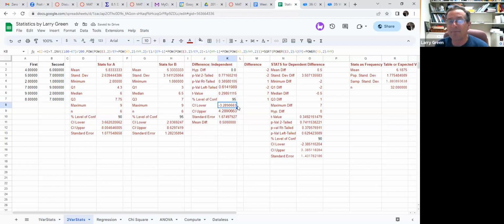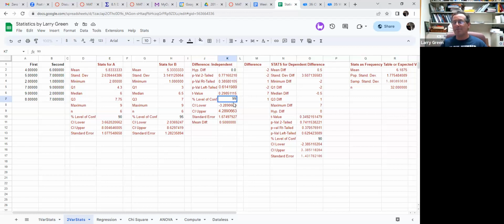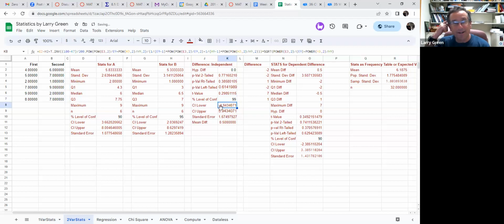You can look very easily at the different confidence levels. By looking at those, you can see which the client will be happiest with. Remember that if you have like 99%, you're happier in that you have a much smaller chance of being wrong. The problem is the margin of error gets bigger.